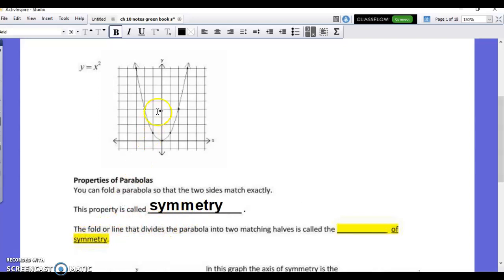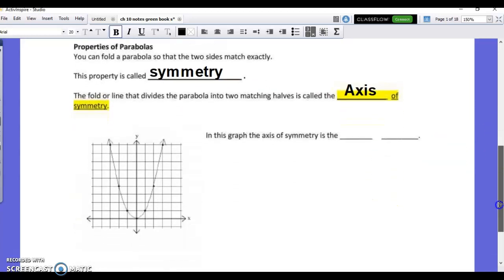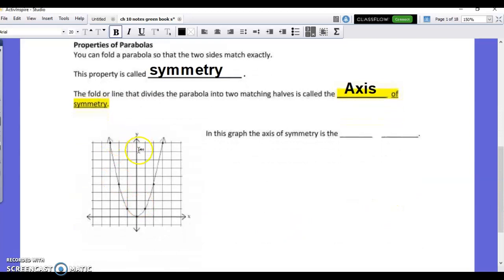Now, when we look at this graph, there is a line that is cutting it in the middle. We call that the axis of symmetry. In this particular case, and this is just the same graph, the axis of symmetry of this is our y-axis.